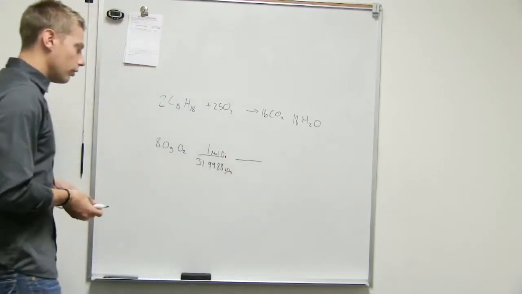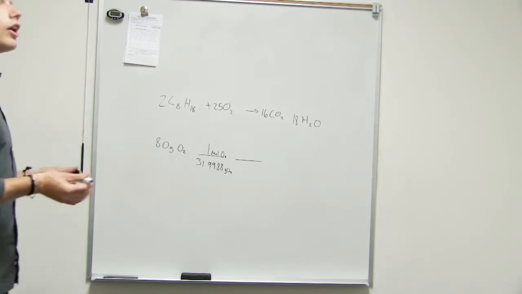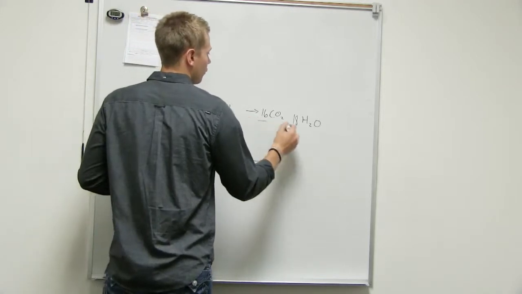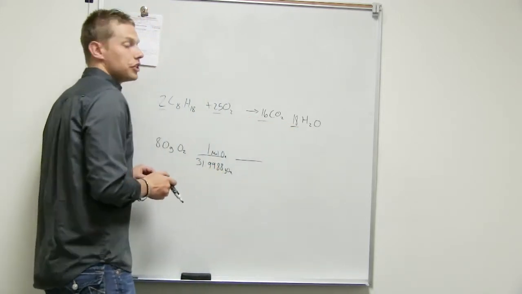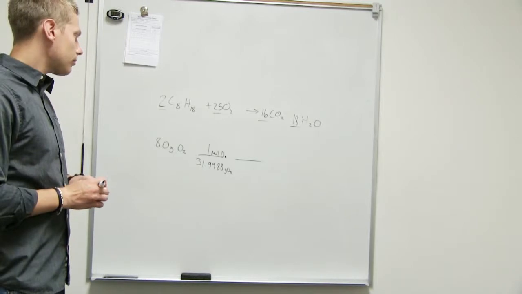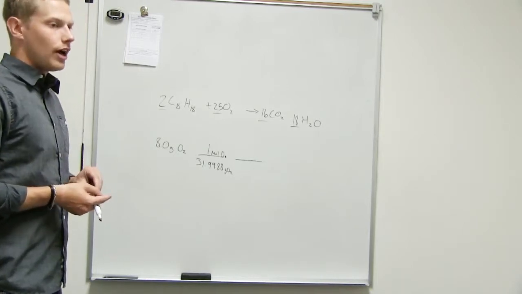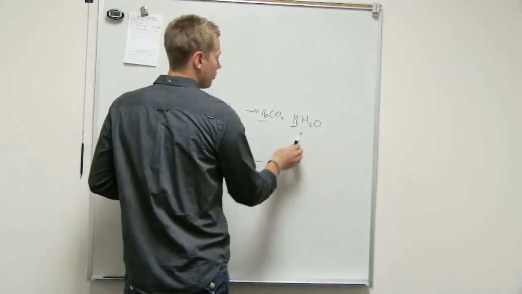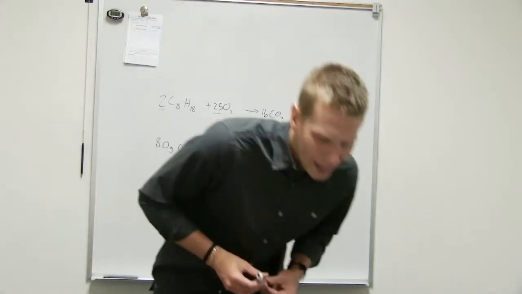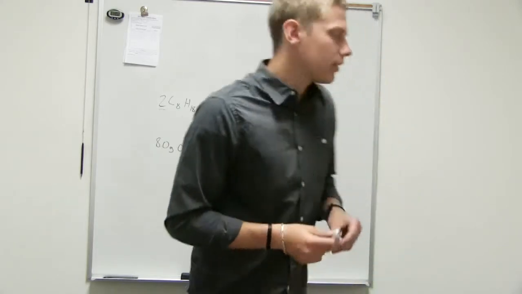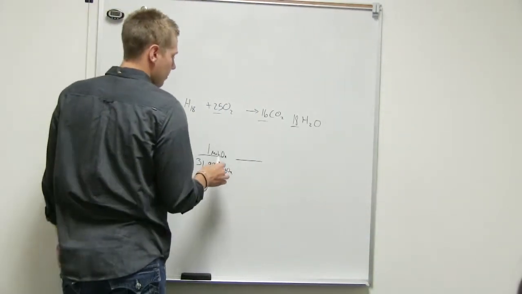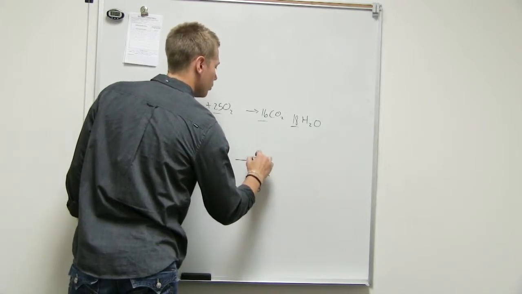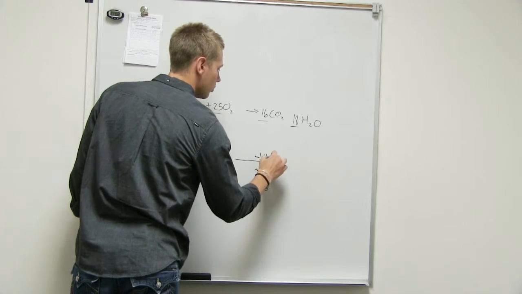Perfect. So now here's where our chemical equation comes in, because we can use these big numbers out in front as molar ratios. And so we're in moles of O2, and eventually want to go to grams of water. So we can write moles of O2 and then moles of H2O.